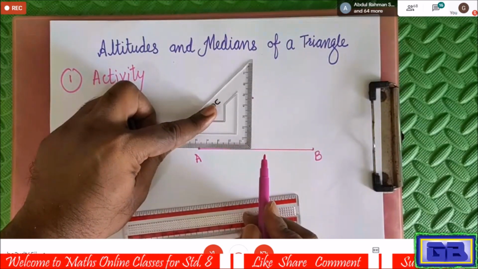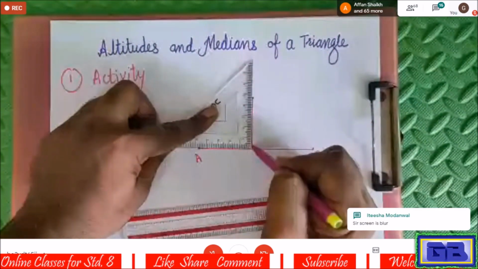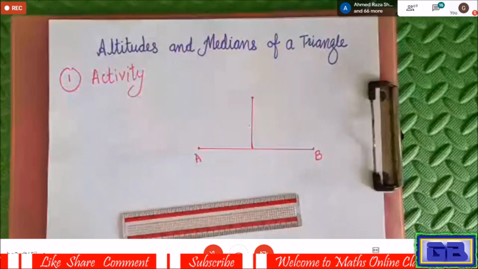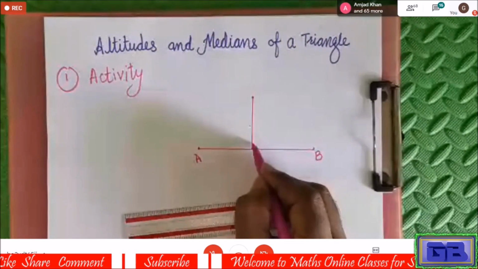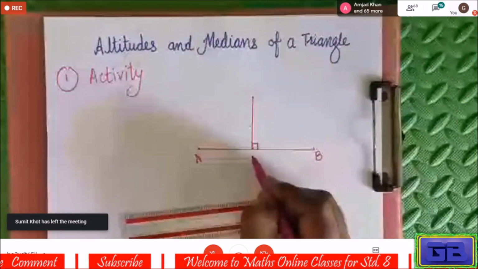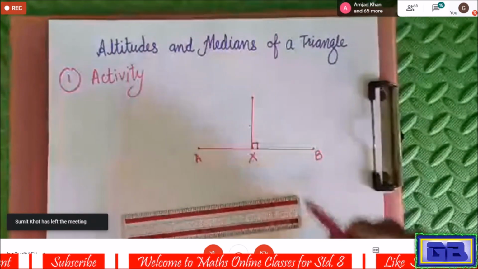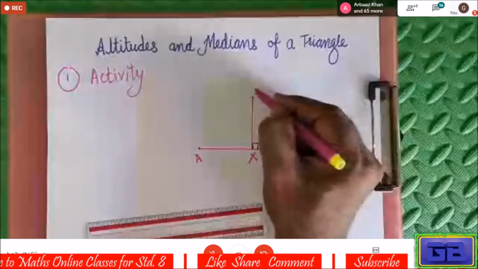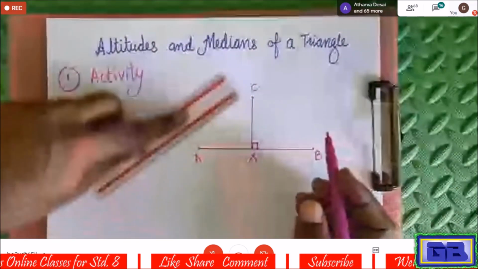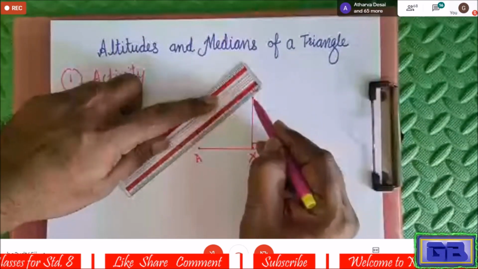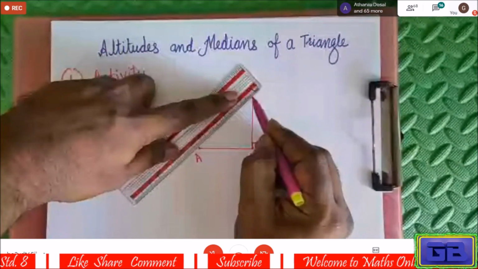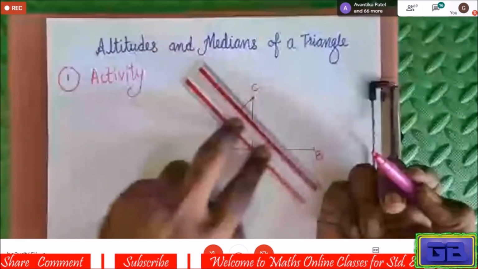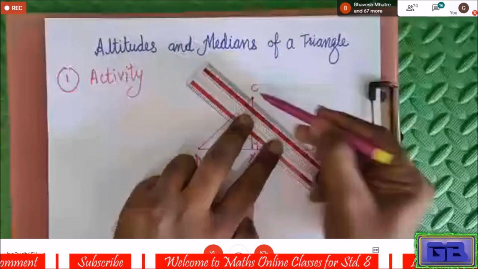Once you do this, draw this perpendicular. Give your name X. Here I will give the name C. Join these points C and A, as well as C and B.